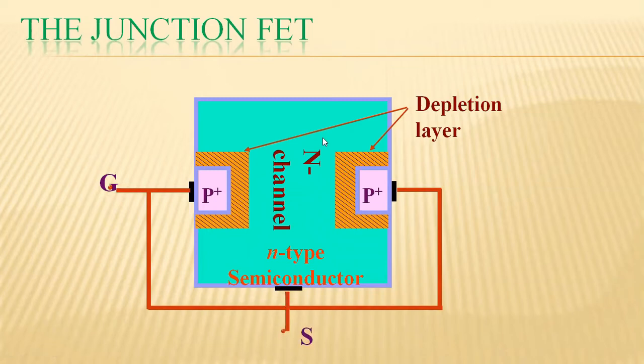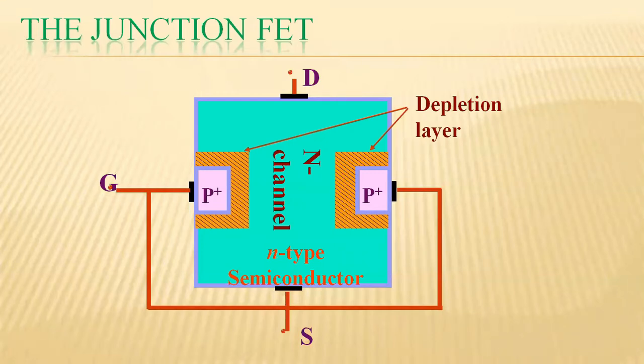And one end of this semiconductor bar is called the source, and the other end of the semiconductor bar is called the drain. So the lower end here is the source, and the upper end is the drain terminal. In total we have three terminals: gate terminal, source terminal, and drain terminal.